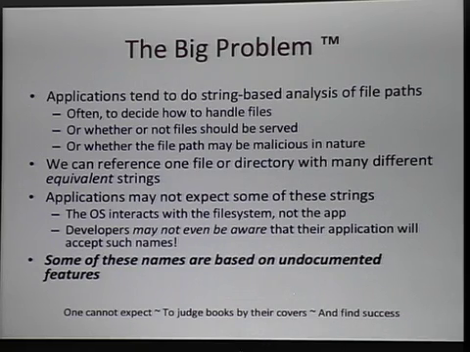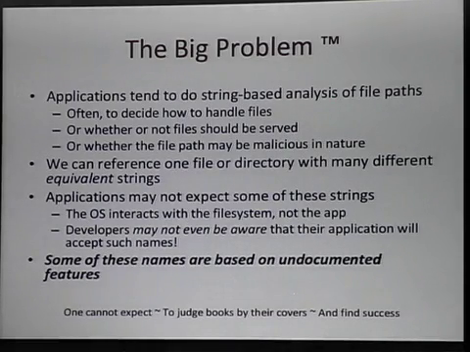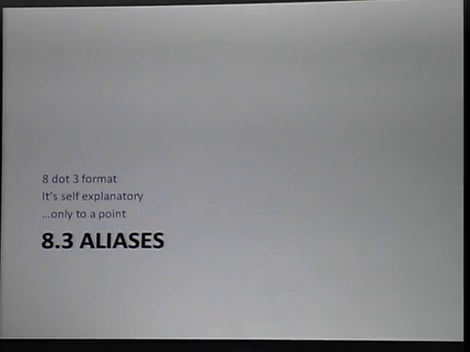Applications might not expect some of these strings. Some of these are based on undocumented features, some of it's just weird stuff, and some of it comes back to what usually bites Windows in terms of security: backwards compatibility. So let's start out with that.